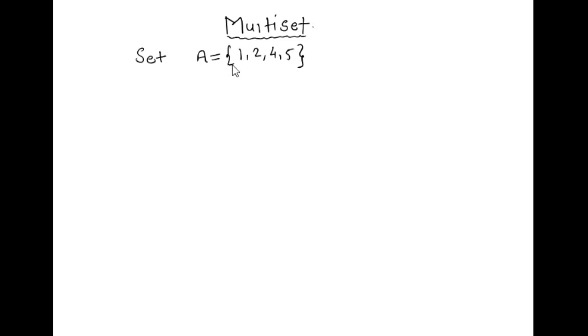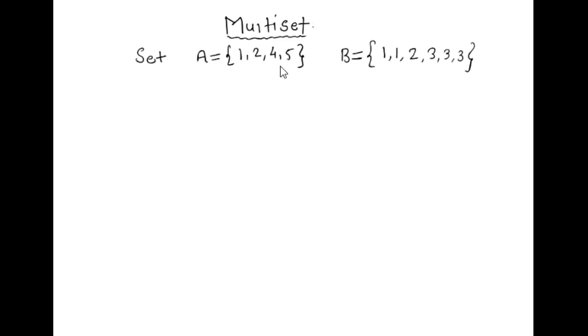So in set, every object appears exactly once, whereas multiset allows multiple instances of the same number or elements, you can say. Like I can write set B as a multiset where element 1 has appeared, let us say, twice, then element 2 appears once, then element 3 again appears thrice.